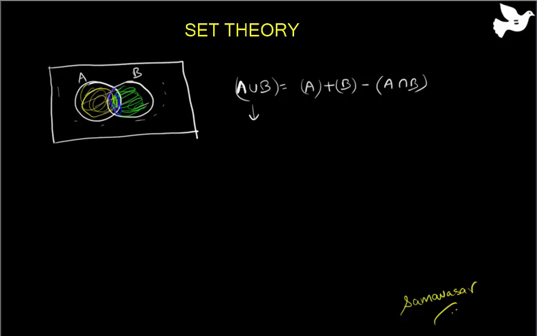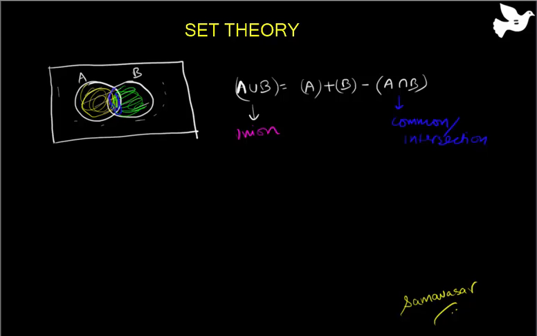It was shaded with yellow as well as green. So this region has been counted twice. So I am subtracting this. So this means the common part, the intersection. And this part basically means the union. So this is your basic formula.